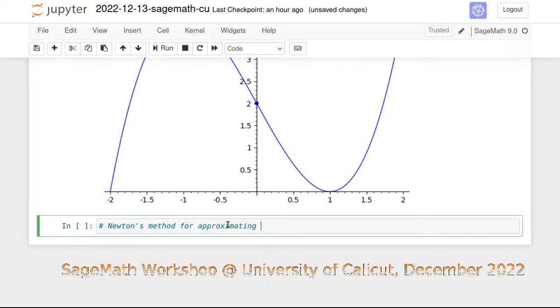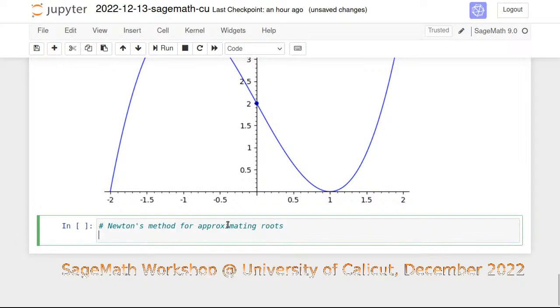Approximating roots, so essentially we have xn plus 1 equal to xn minus f of xn by f dash xn.